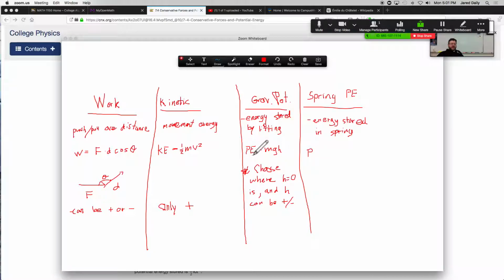So we call this one potential energy gravitational with a little g down here. We call this potential energy with a little s for spring. 1/2 kx squared, where x is measured from the relaxed length or from the middle point of the spring. Think of it as measured from the equilibrium point to the relaxed length.